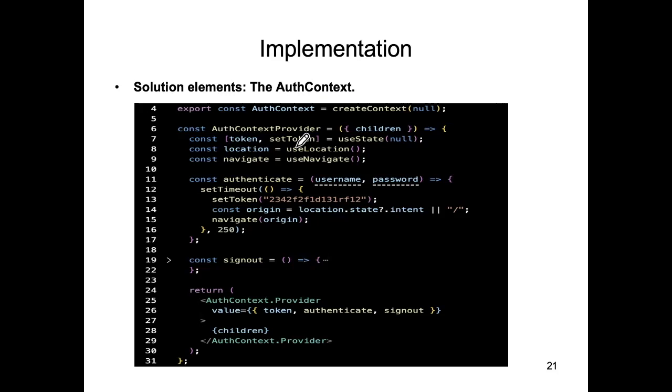It's called the path name key, and it contains a string, and the string is essentially the current URL address or the new URL address that has appeared in the address bar. So the use location hook allows us to access that location object, and that will become useful to us, as we'll see in a while. The use navigate hook we saw a while back will allow us to implement programmatic navigation.